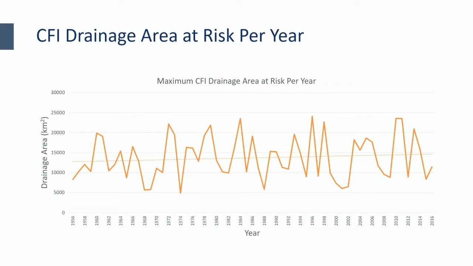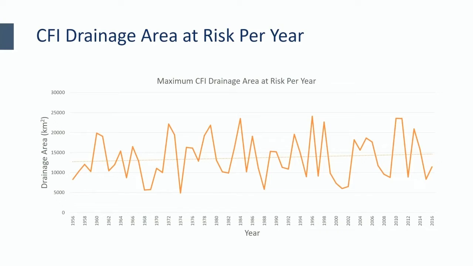Here we have how much drainage area was at risk per year based on these CFI events. And what's interesting to note here is that now there's a slight increase in the amount of area that is potentially exposed.